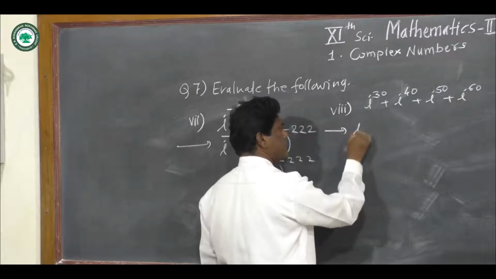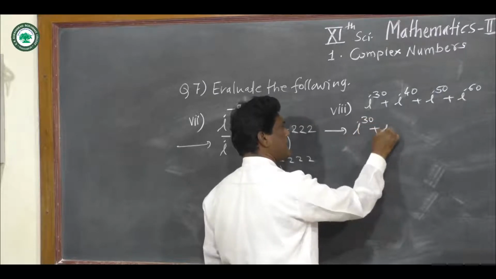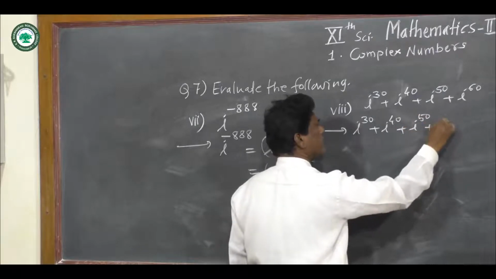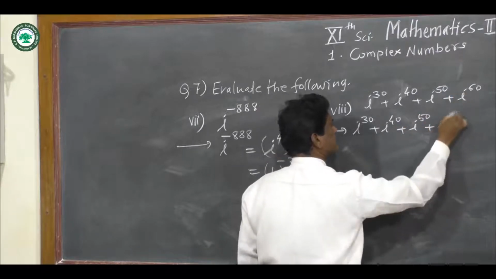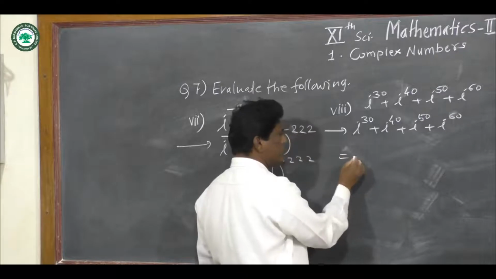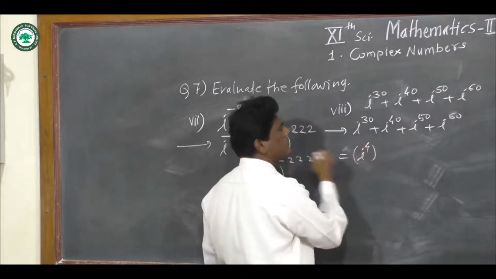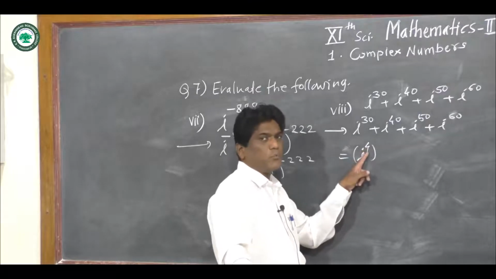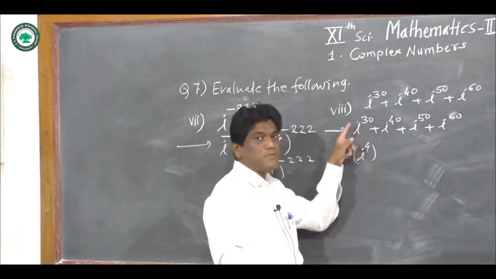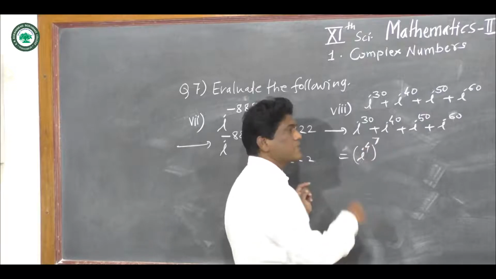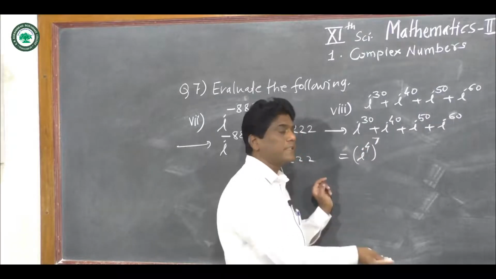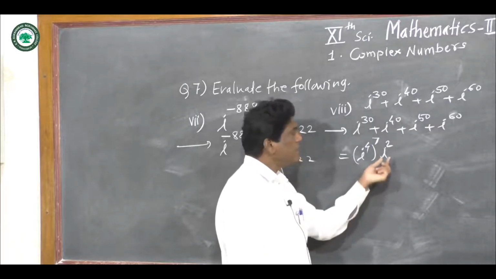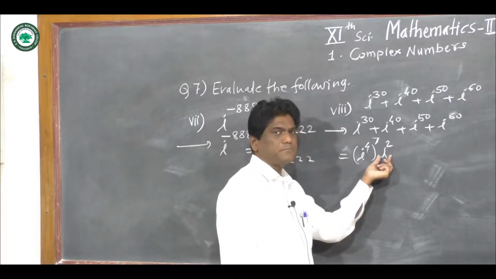Consider this problem, that is i to the power 30 plus i to the power 40 plus i to the power 50 plus i to the power 60. So it is equal to i to the power 4. Firstly write down i to the power 4 and count the table of 4. 4 sevens are 28 and 2 is 30. So 2 is the remainder. So i square. Remainder, write as the separate power of i.